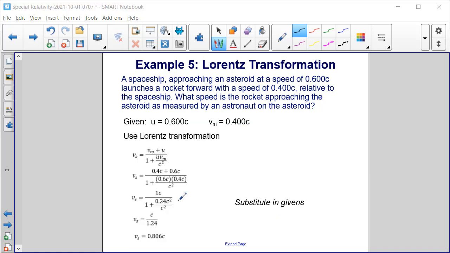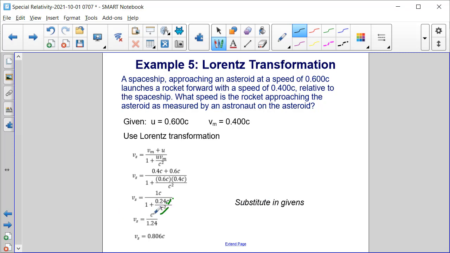All right, in the previous slide, we left off by identifying our givens, and I'd written this equation, but now we just need to substitute our values. So substitute for Vm 0.4 c and for u 0.6 c. Then on the bottom, I just multiply them. And again, the c squareds cancel on the bottom here.